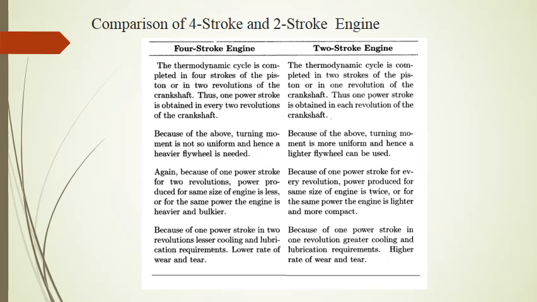So it means power produced for the same size of the engine, means if we are having the same value of Pm, the same value of stroke length, the same value of cross-sectional area of piston, and the same speed of the engine, then definitely in the case of four-stroke engine, the power produced will be half that produced by the two-stroke engine.